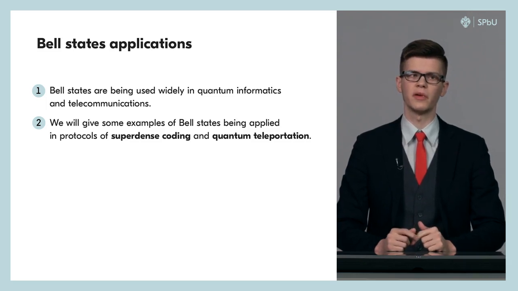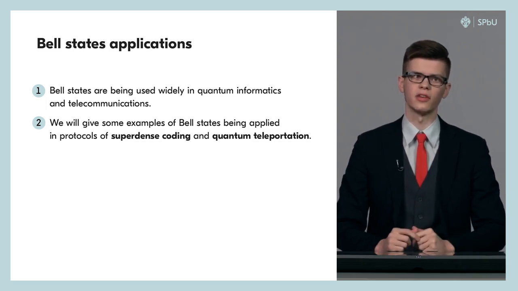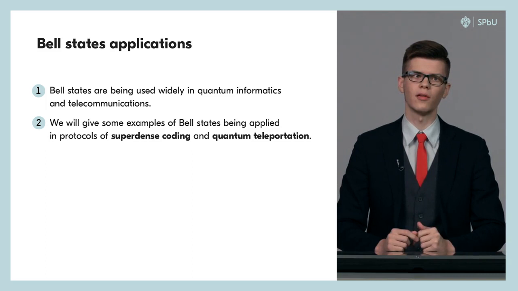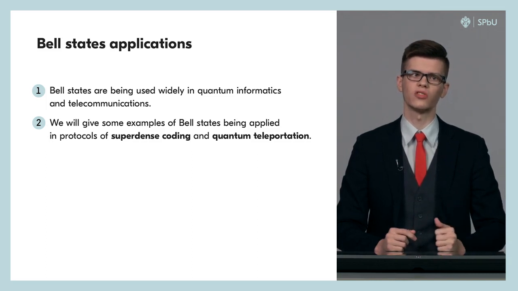The letters EPR are the first letters of the Einstein, Podolsky, and Rosen surnames. These men formulated a well-known paradox that questions the quantum mechanics postulates. In our next lesson, we will discuss the Einstein-Podolsky-Rosen paradox, or the EPR paradox, in detail, and consider the hidden variables conception that was offered as an alternative to quantum theory.